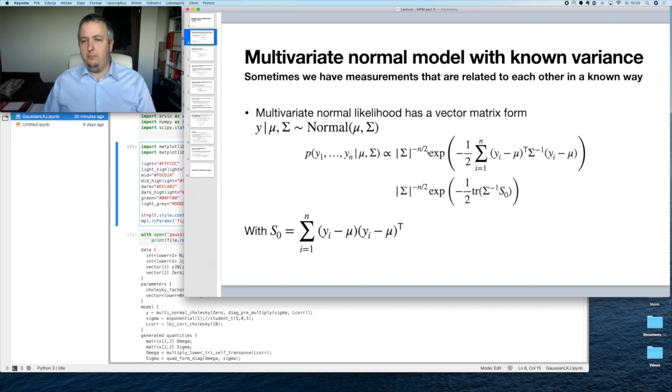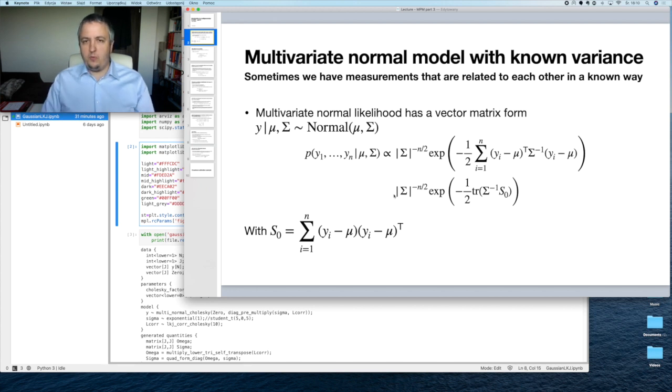Of course, because this is a sum, it can be expressed as a product of multiple exponents corresponding to single dimensions, where each exponent of the exponential function is of the quadratic form. And this representation has a form using the trace of the product of matrices of the inverse covariance matrix and the S0 matrix, which is again a sufficient statistic. So this is the sum of such outer products of vectors x_i minus mu and its transposition.